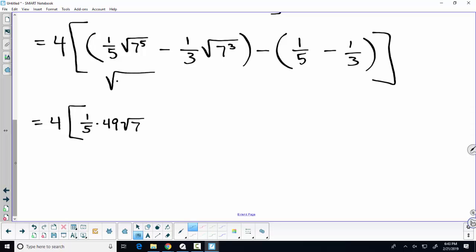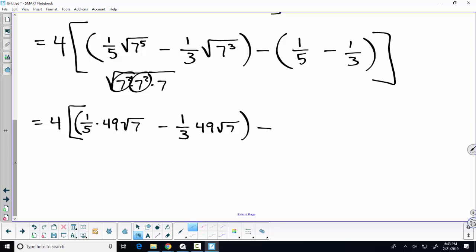Just have the square root of 7 squared times 7 squared times 7. So that's 7, that's 7. Minus 1/3 square root of 7 cubed. And that's square root of 7. We got all of that stuff.